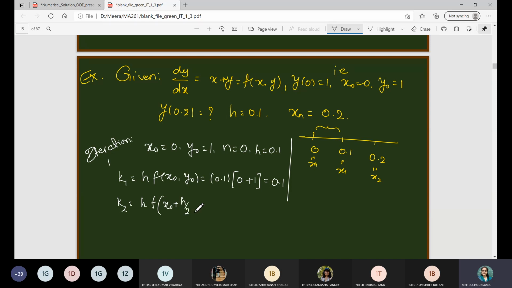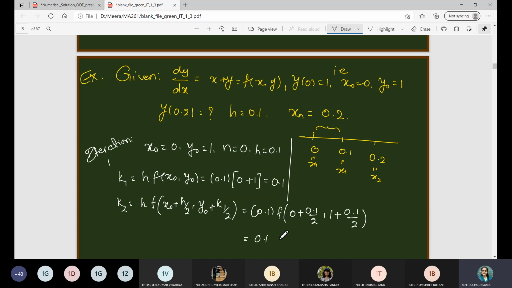Remember that for the intermediate two values, k2 and k3, the increment we take in x and y is always divided by 2, right? Similarly here also, y0 plus what increment will we take? Last time we considered the computed value k1, so k1 by 2, right? So here it will be 0.1 and the function will be 0 plus 0.1 by 2, comma y0 is 1 plus 0.1 by 2.